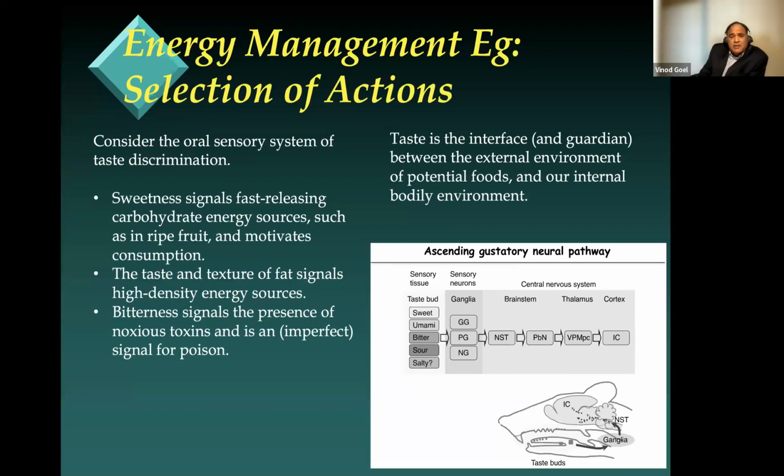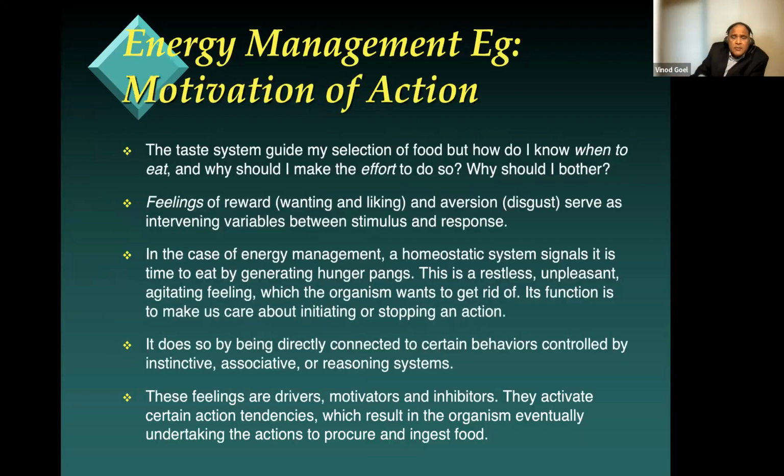Bitterness signals the presence of noxious toxins such as poisons. So taste serves as the interface and guardian between the external environment of potential foods and our internal bodily environment. And we actually understand the neuroscience and neurochemistry underlying this reasonably well. So that's half of the story, what to eat. But why should you eat?